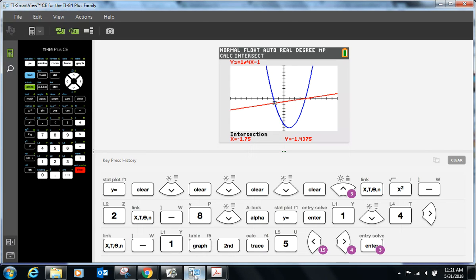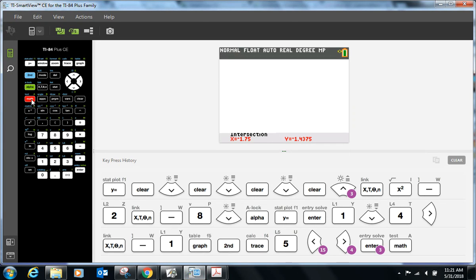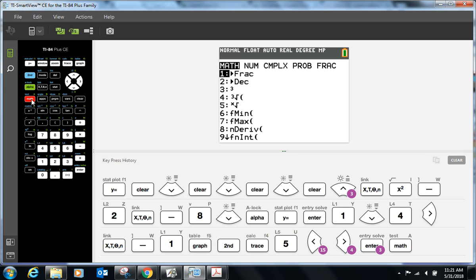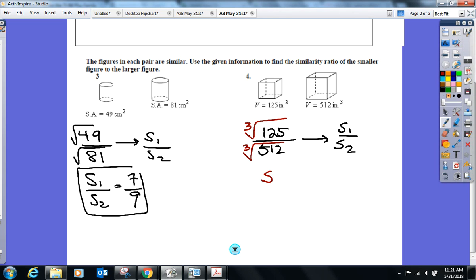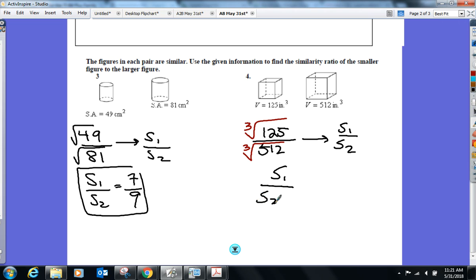Under math, choice 4, yep. And the similarity ratio? 5 to 8, yes.